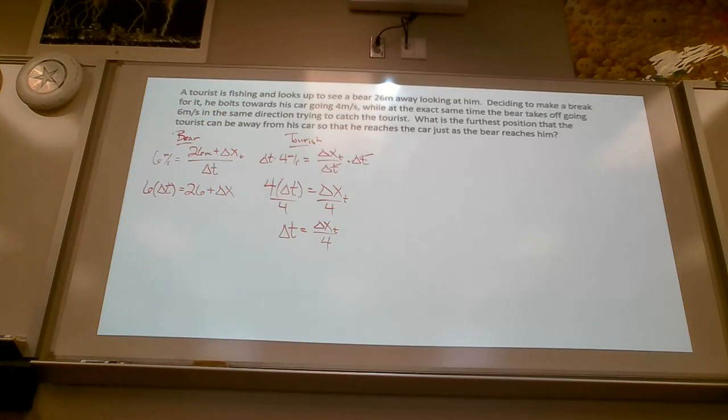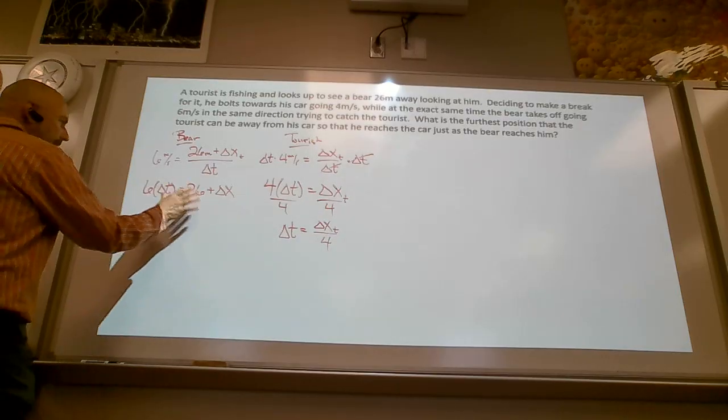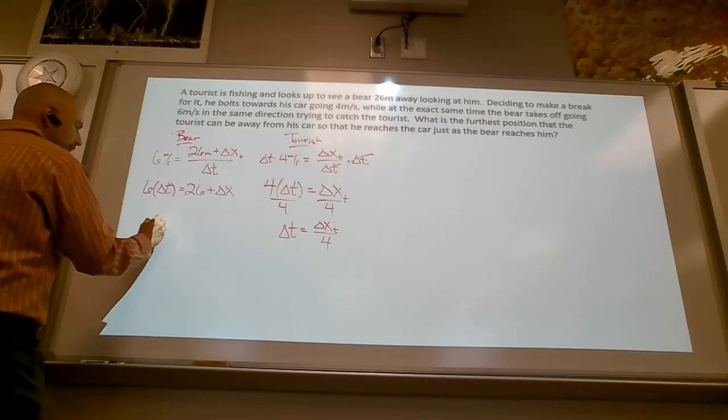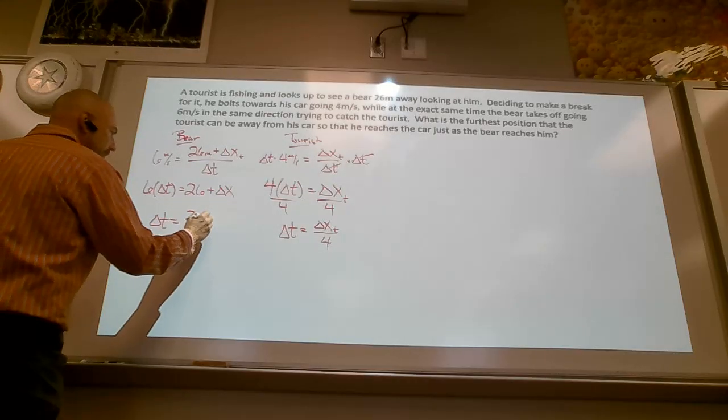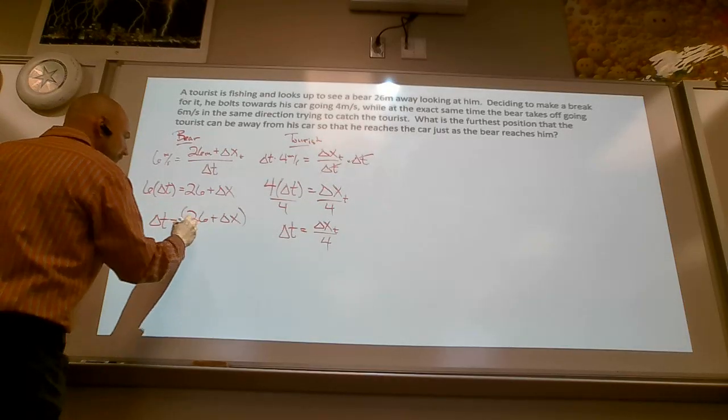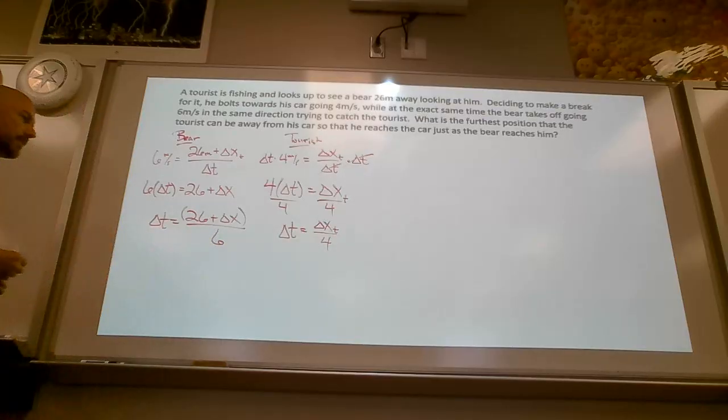Okay. Just trying to be explicit here. We're going to do the same thing here, so I get delta t is equal to 26 plus delta x over 6. Solid?